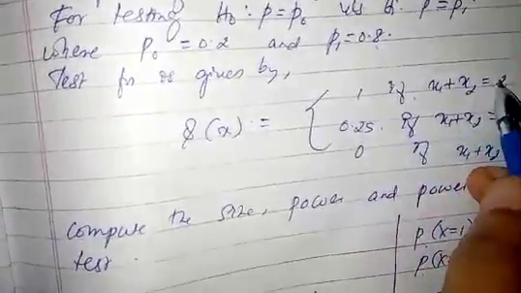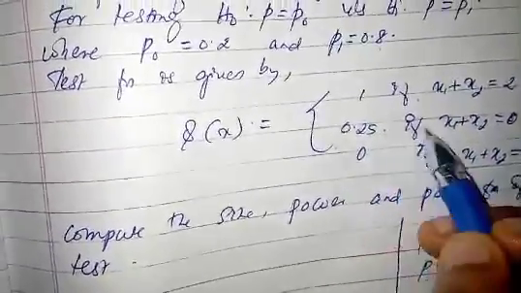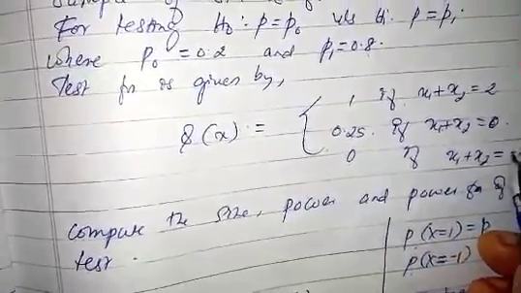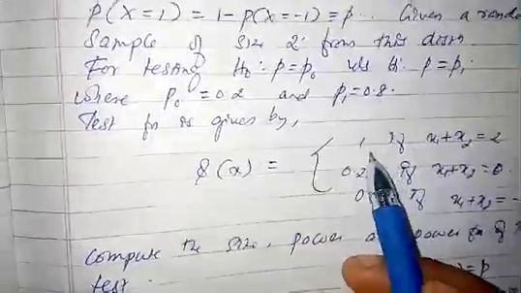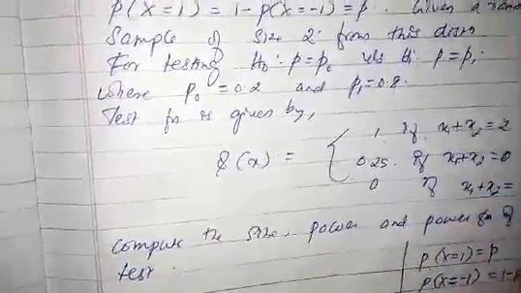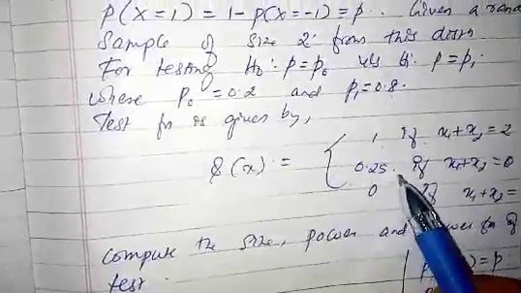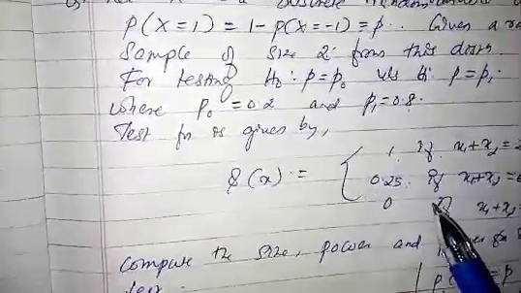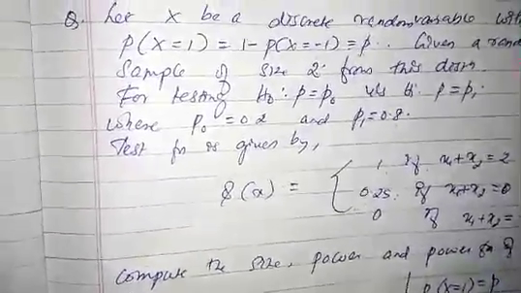The test function is given as 1 if x1 plus x2 equals 2, 0.25 if x1 plus x2 equals 0, and 0 if x1 plus x2 equals minus 1. So what's the expectation of phi of x? It is 1 times the probability of x1 plus x2 equal to 2, plus 0.25 times the probability of x1 plus x2 equal to 0, plus 0. The last term is 0.